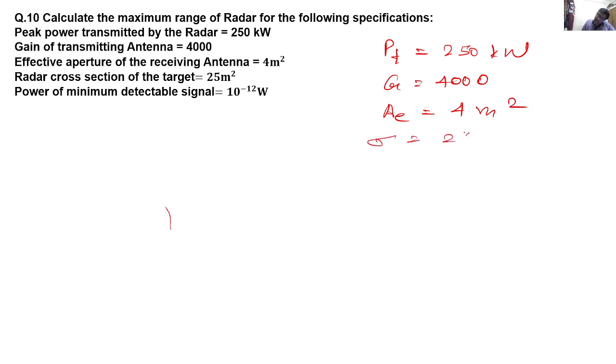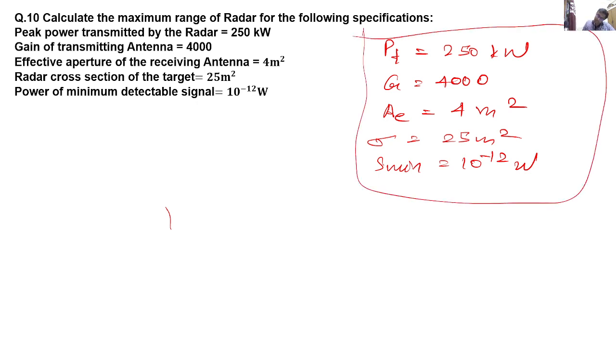So we get that PT is 250 kilowatts, gain is 4000, aperture area is 4 meter square, sigma is 25 meter square, the radar cross section of the target, and S min is 10 to the power minus 12 watts. These are given, and we need the R max.